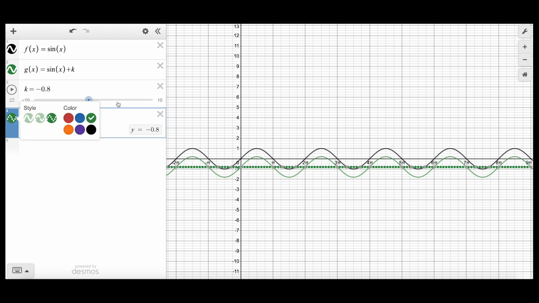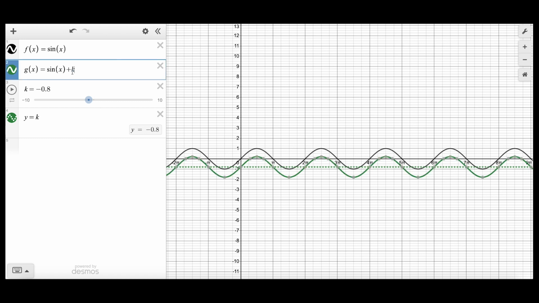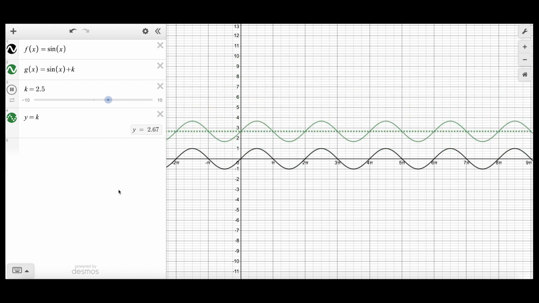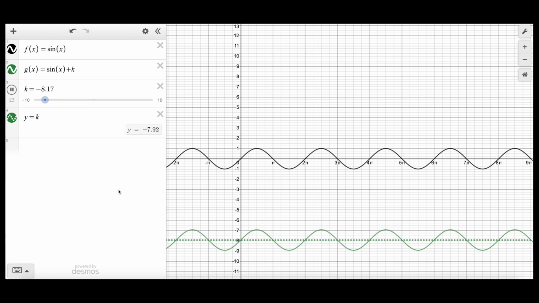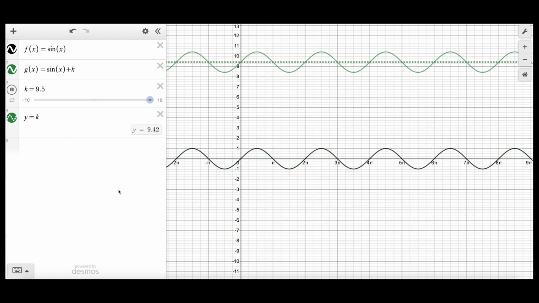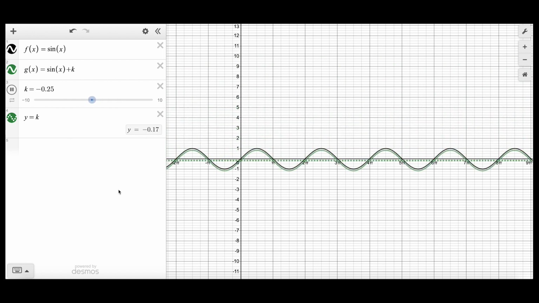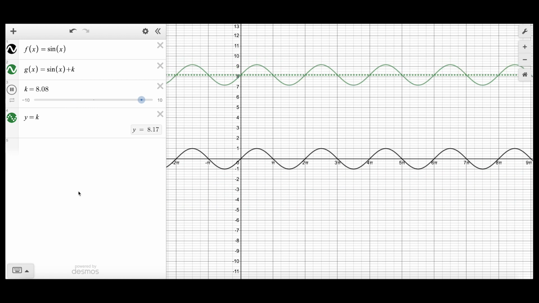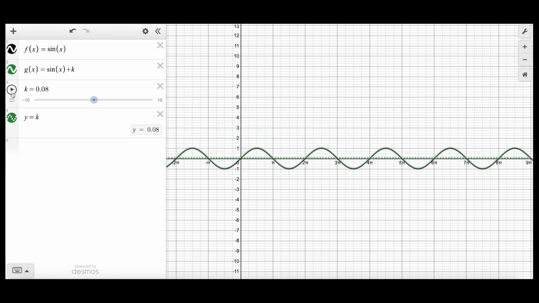Maybe I'll dot the midline there. So this midline is this number here, and we can also animate this. Check this out. So k changes where the midline is of our wave. That's what it does. Awesome. So if it's plus 5, it shifts it 5 units up. If it's minus 6, it moves it 6 units down. So k changes the midline.